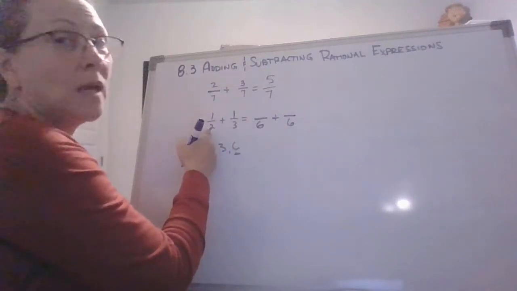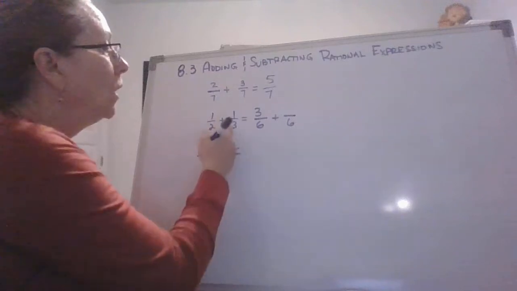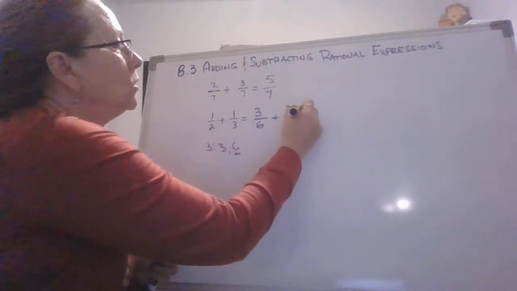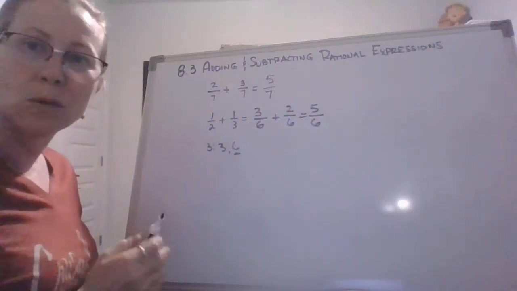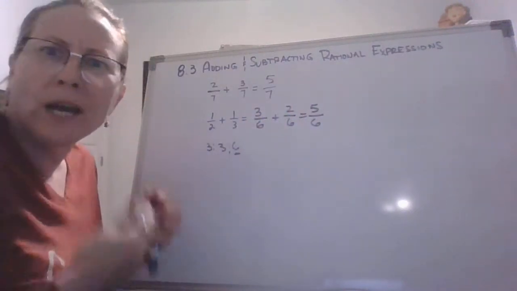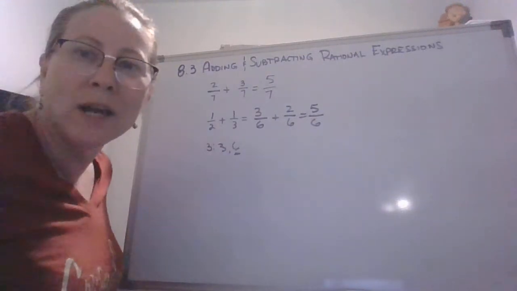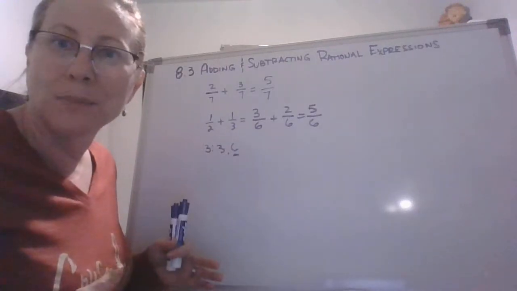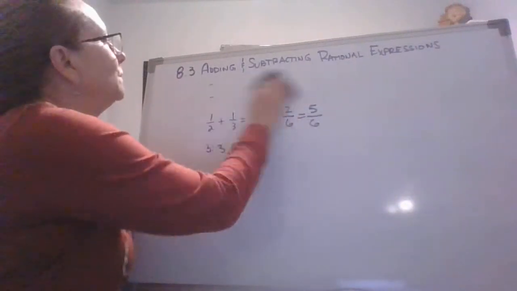And since 2 times 3 is 6, then 1 times 3 is 3, or 3 times 2 is 6, so 1 times 2, 2, and now we have our 5/6 answer. And that's just old fractions that we learned a long time ago. Sometimes we get a little rusty with fractions, but we're going to apply these same concepts to rational expressions. So let's begin with that.